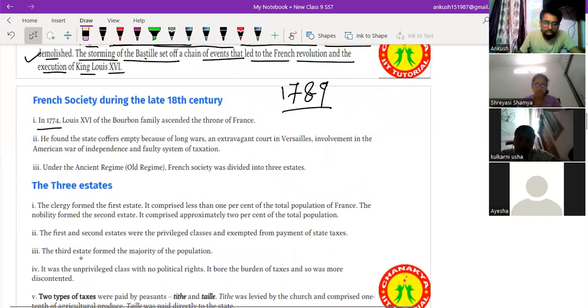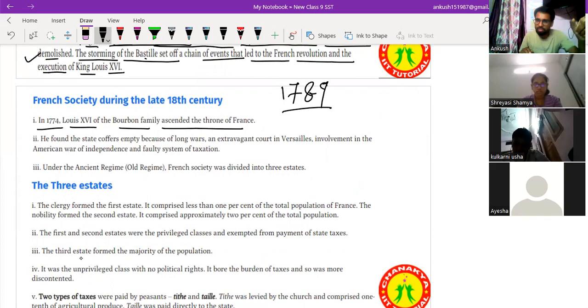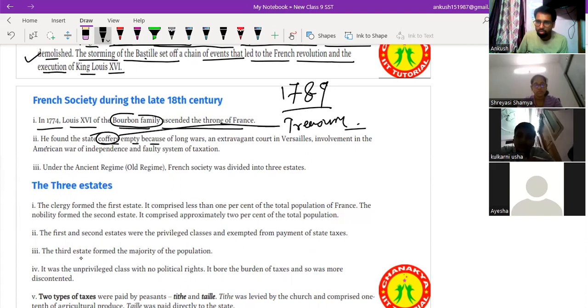In 1774, Louis XVI of the Bourbon family ascended the throne of France. Earlier, we saw that he became the emperor there. He belonged to the Bourbon family. He found the state coffers empty. Coffers means the treasury, a big box.